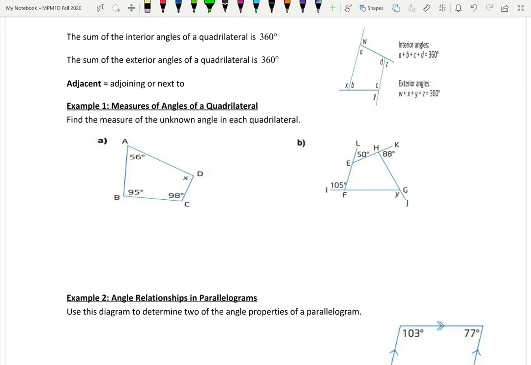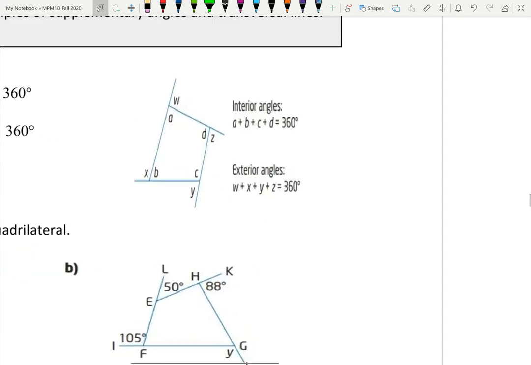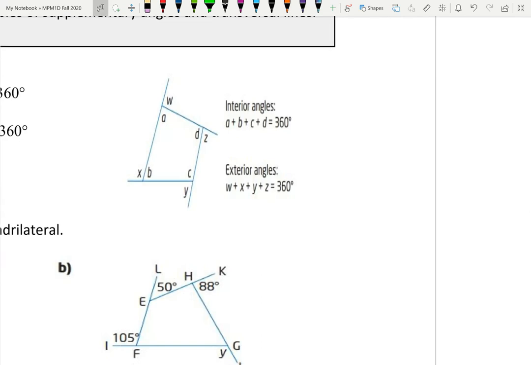The sum of the exterior angles is 360 degrees. There is an example here. The interior angles A, B, C, D add up to 360. The exterior angles W, X, Y, and Z also add up to 360 degrees.